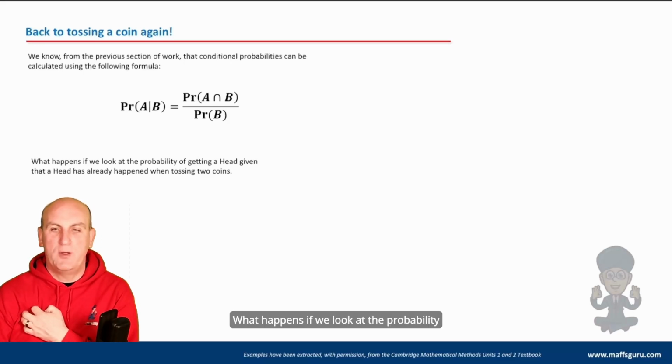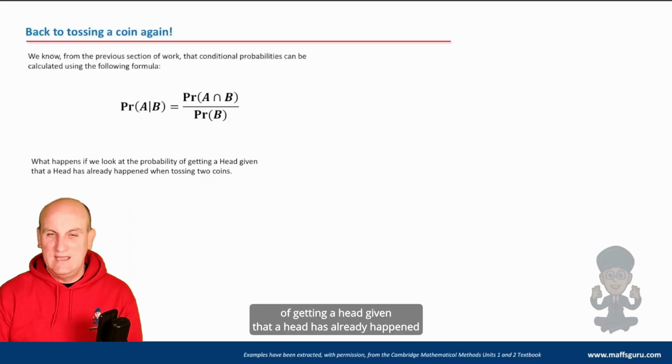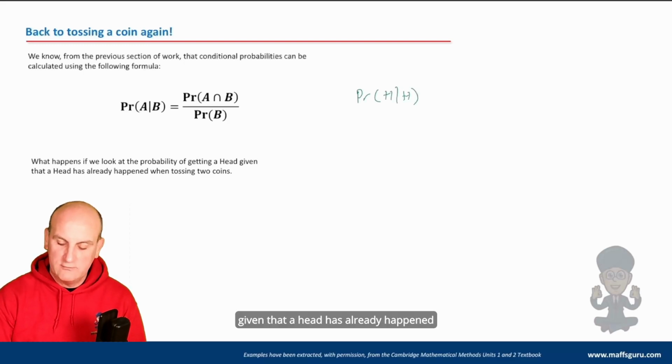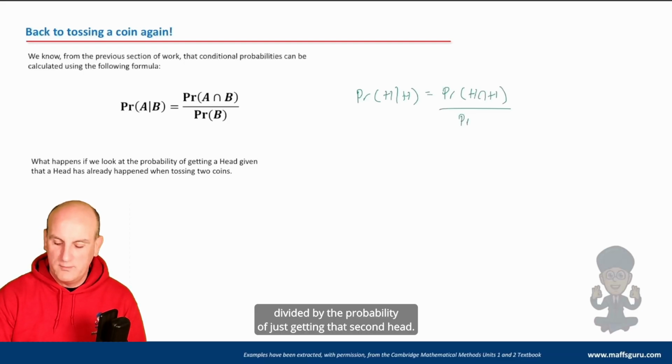What happens if we look at the probability of getting a head given that a head has already happened when tossing two coins? So we're looking for the probability of a head given that a head has already happened, which is going to be the probability of a head and a head divided by the probability of just getting that second head.